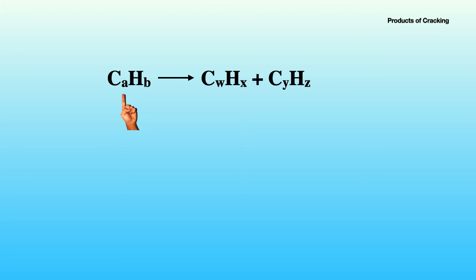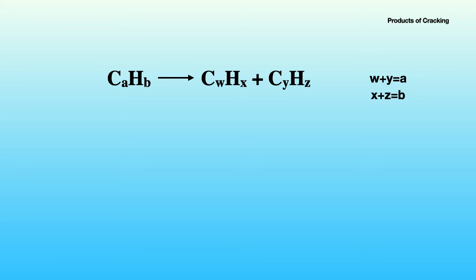A is the number of carbon atoms you started with, so W and Y added together must equal A. For exactly the same reasons, X plus Z equals B.